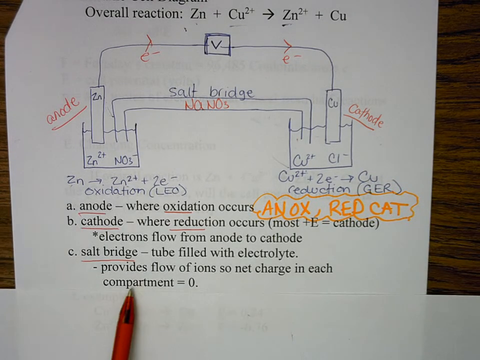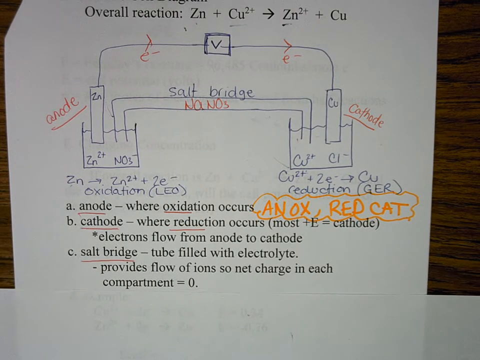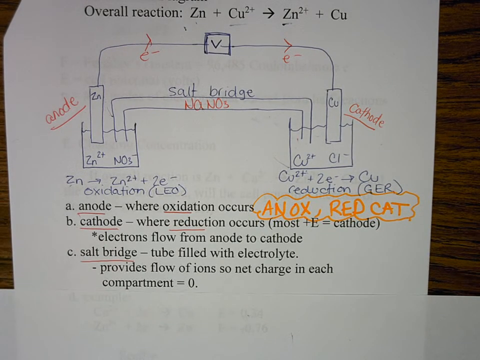And the purpose of the salt bridge is to keep the charge in each one of these compartments neutral. That wouldn't happen without the salt bridge, because I'm adding electrons to this right side over here, so I'm gaining more and more negative charges.